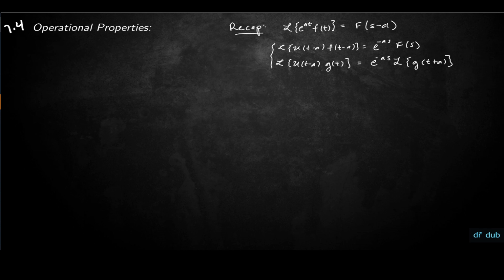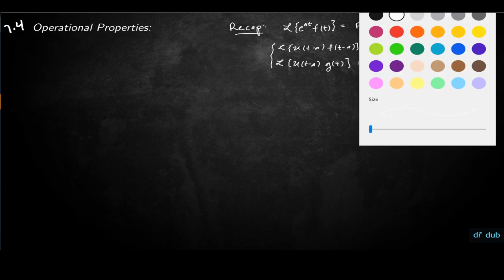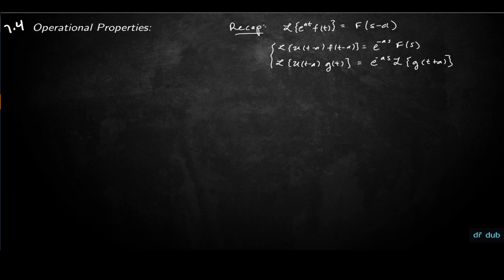And we said one of those forms for the second translation theorem was better to go from t to s, and that's the second form. And then the other one, the first one, is better to go from s to t. So this one is to go from s to t, whereas this one's to go from t to s.